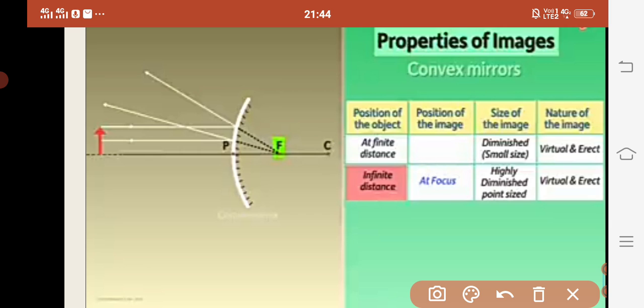So now the light rays coming from the source at infinity get diverged, and when we extend them behind the mirror, they meet at the focus. Now let's look at the size. The size is highly diminished and it seems like a point source, and since the image is formed behind the mirror, it is virtual and erect. This was the first condition.